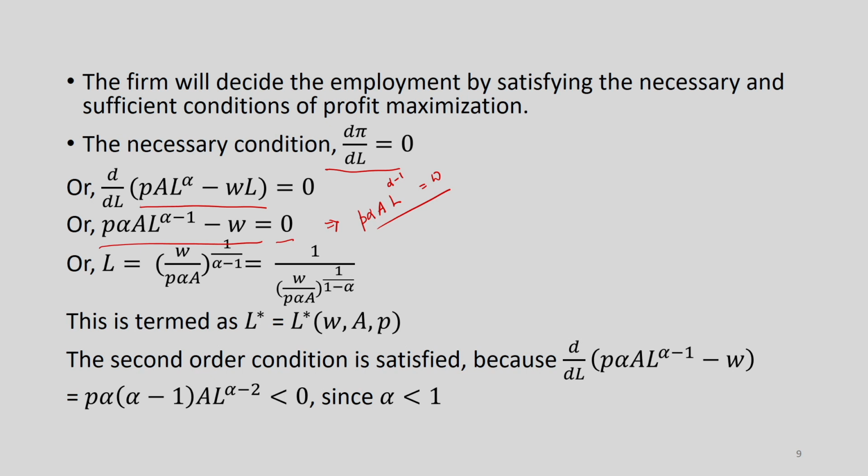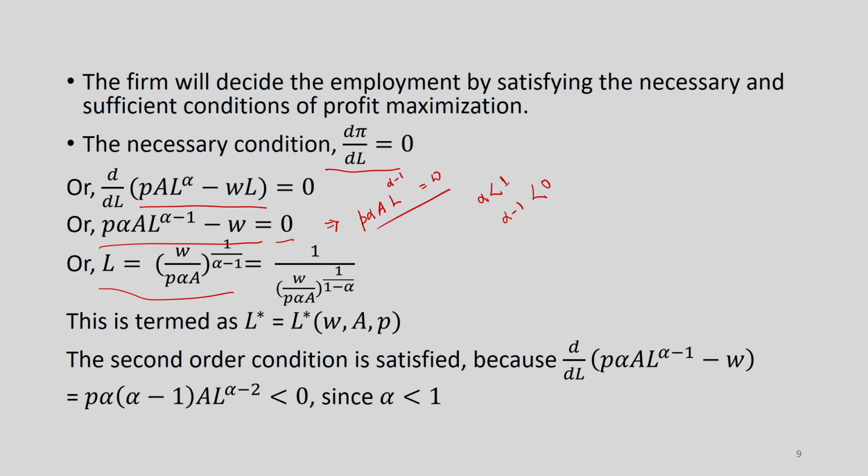And this gives me this. I am expressing L in terms of the rest of the parameters, and so L is equal to (w divided by p alpha A) to the power 1 divided by (alpha minus 1). Now, we know alpha is less than 1, right. So, alpha minus 1 will be less than 0.